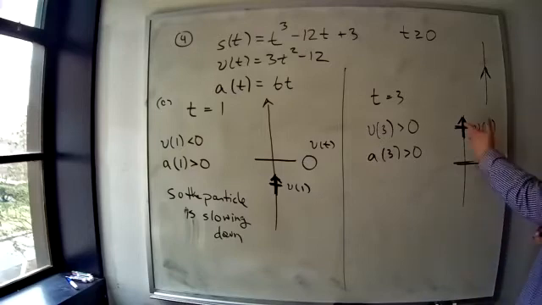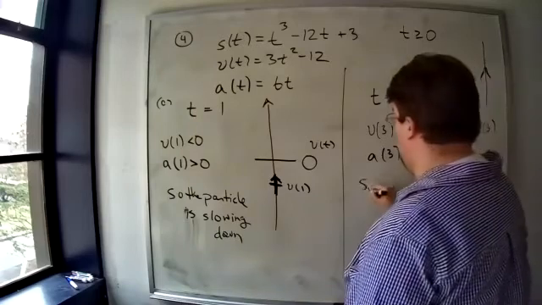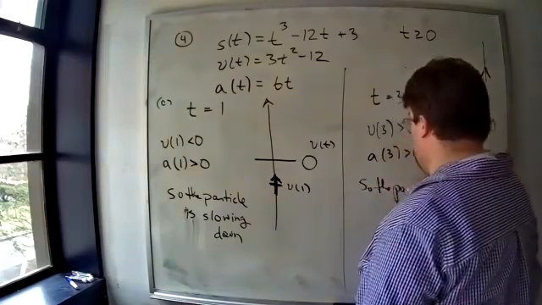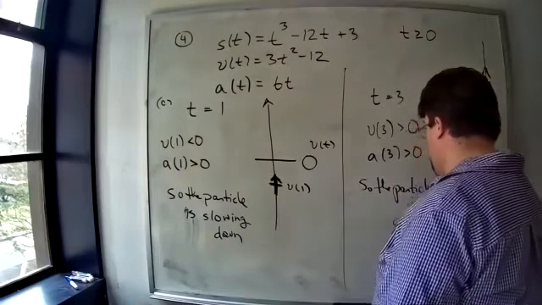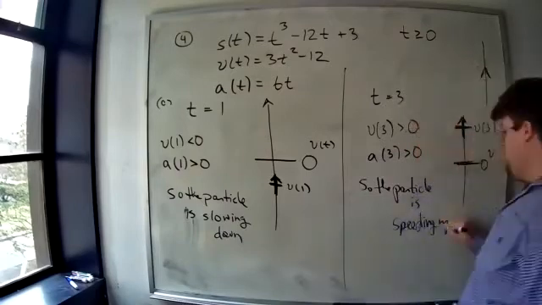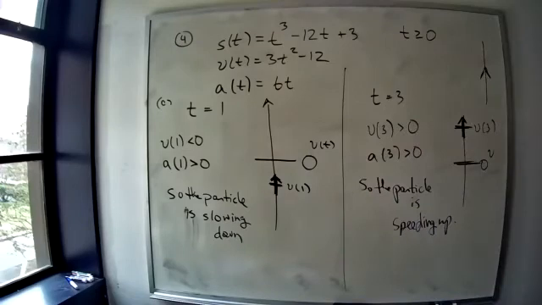So the velocity is going away from 0 at this instant. So the velocity is going up at that instant. So the particle is speeding up at time 3.